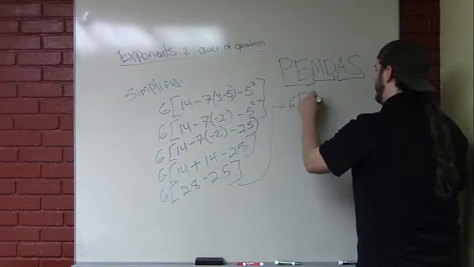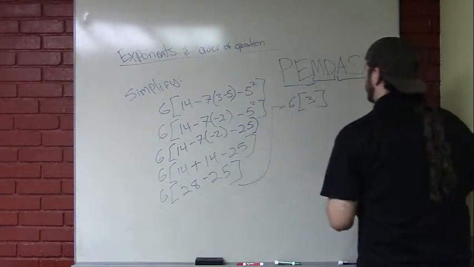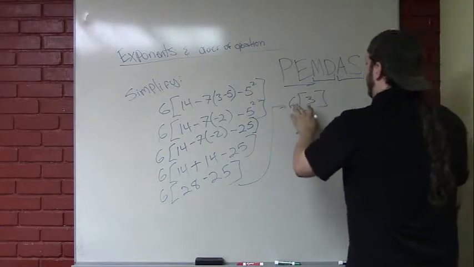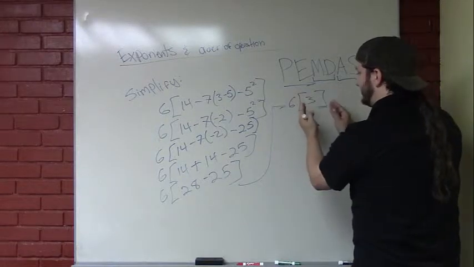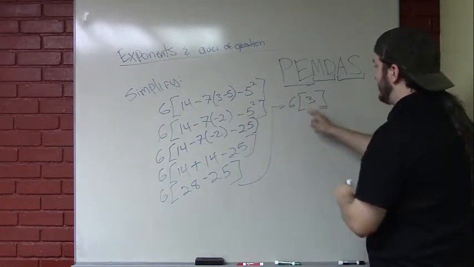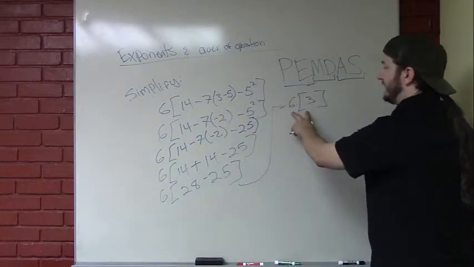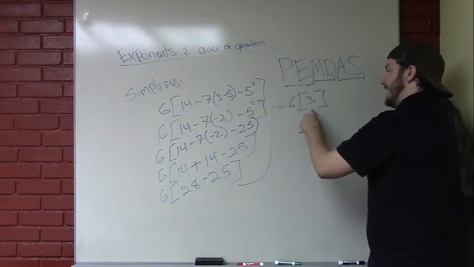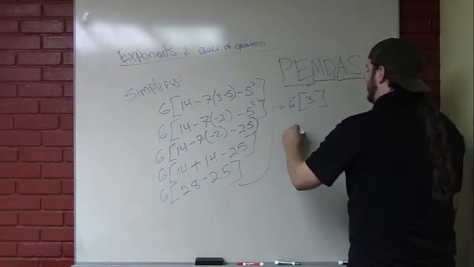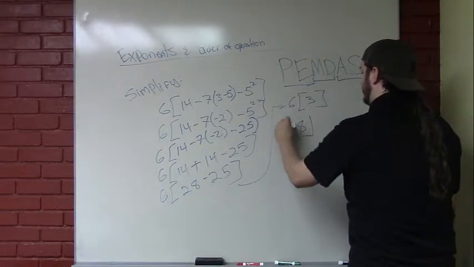It's 3, right? And now, finally, the brackets have been condensed all the way down to a single number. So now it's just multiplication from this point. 6 times 3 is 18.